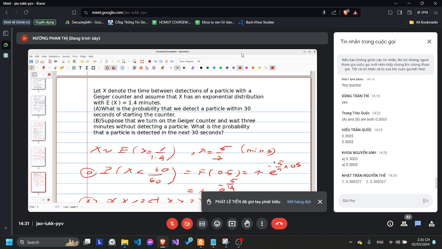It just cares that the probability to get the next particle within the next 30 seconds, the interval we are considering, will be 30 seconds. Okay, fine. Any questions? I see that you raise your hand. Fine.